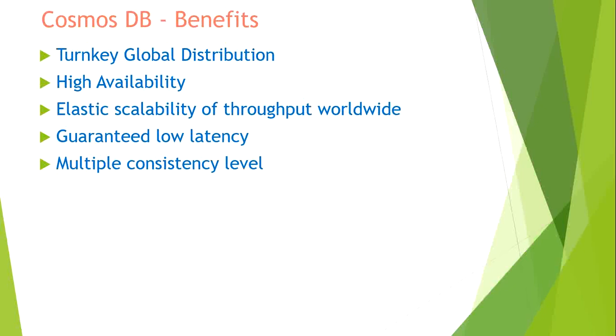Whether the moment the write has happened, it should be available for the read, or whether it will take some time. Since the data movement from one region to another region will take some time, we have to set the consistency level accordingly. That means by when we want the write which has happened to be available as a read to the rest of the users.